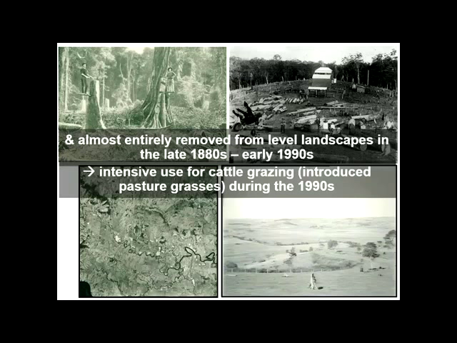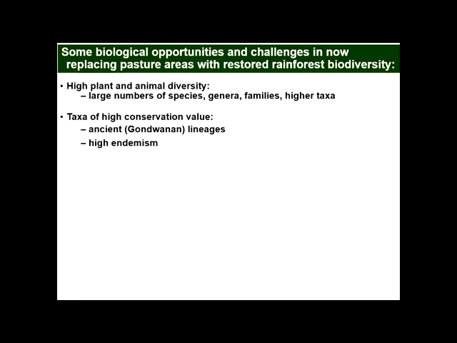It's now got somewhat better, actually. But anyway, there was not much forest left, and it had been converted to a totally different ecosystem type. That is, introduced pasture grasses, mainly seafall grasses from Africa, with a lot of grazing livestock, particularly cattle.